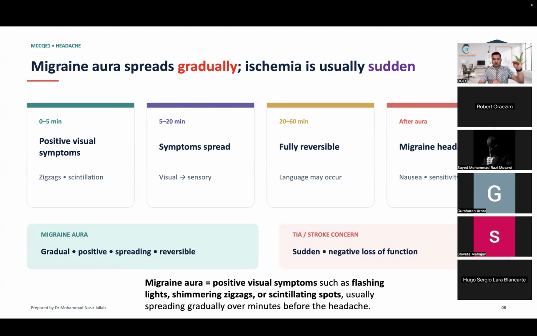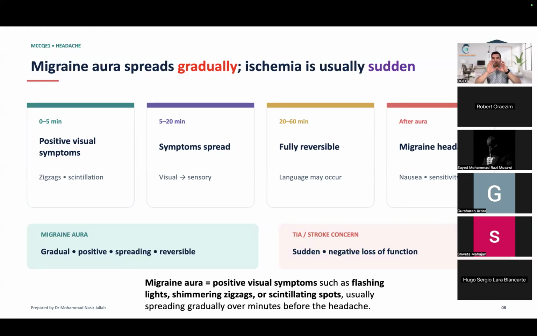So migraine with aura is very close to TIA, or transient ischemic attack. And the biggest differential point is that migraine with aura starts gradually, but ischemia or stroke can happen suddenly. So this is the biggest differential point, okay?